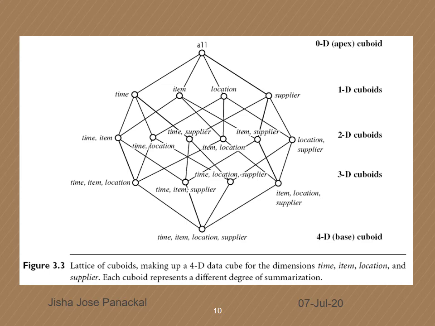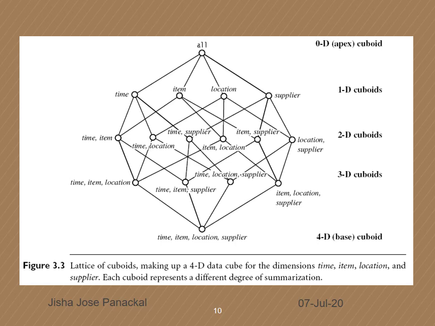And if we consider it all together, that is, we are considering the total sales amount, not based on any condition, it can be given by this level. So that is the 0D or 0-dimensional cuboid. So these are the different levels of summarization at which we can see a data cube.